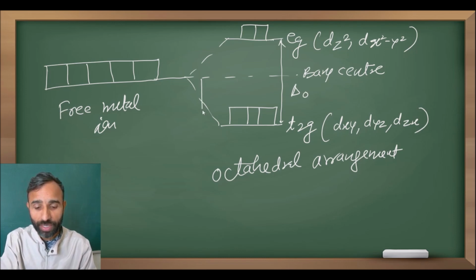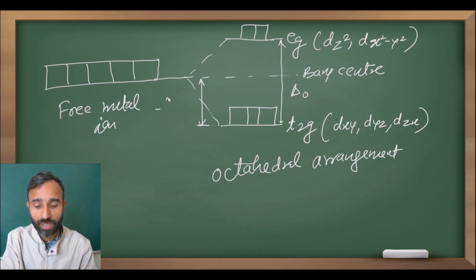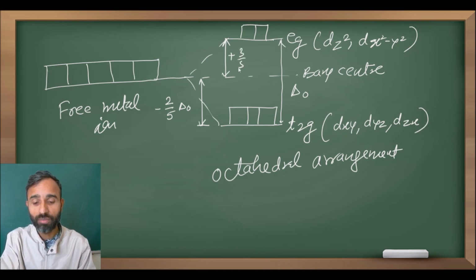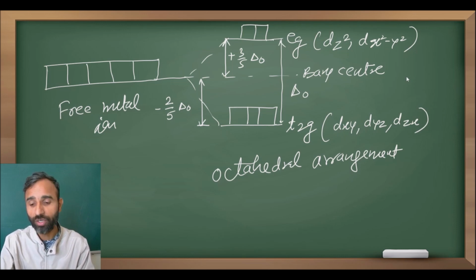Now decrease is divided among three orbitals. That's why it is minus 2 by 5 delta O, and increase is divided between two orbitals. So it is plus 3 by 5 delta O, and delta O is 10 Dq.